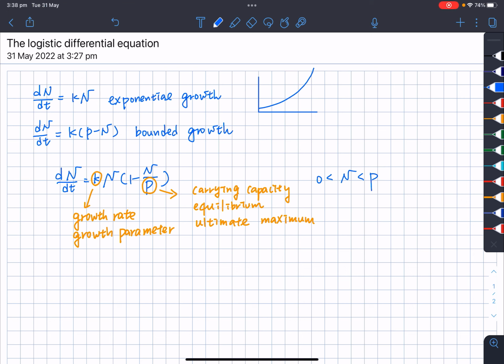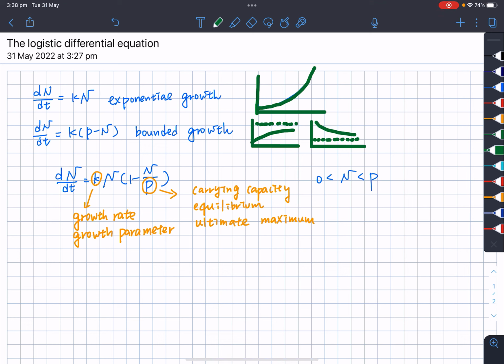In exponential growth, the graph looks like this. In bound growth, the graph looks like this: you have an equilibrium, or close to an asymptote.